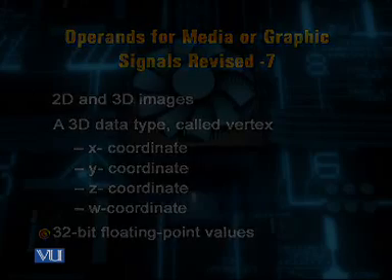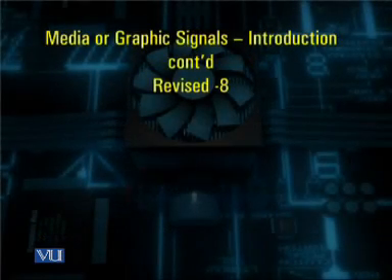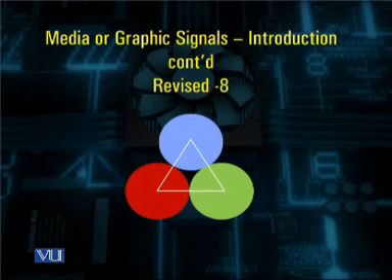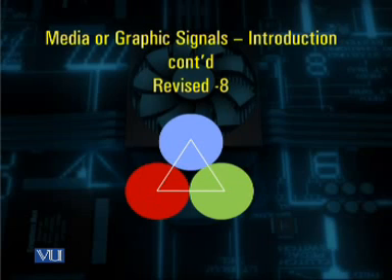The formation of a pixel for 3-dimensional images is shown here, where you can see that the X, Y, and Z vertices specify a graphic primitive that is a red, green, and blue value.